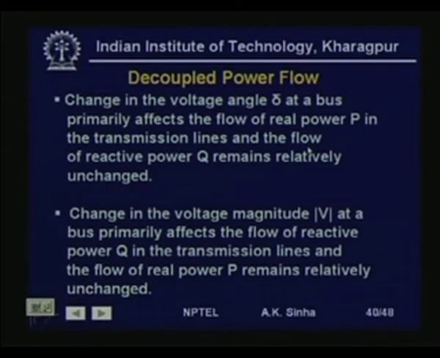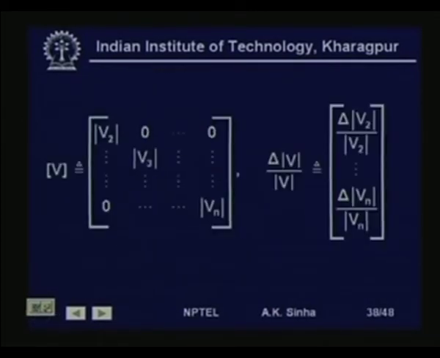Now, one thing which we get is that we know that the real power and voltage phase angle are very strongly coupled, and reactive power and voltage magnitude are strongly coupled, whereas there is a very weak coupling between P and V, that is real power and voltage magnitude, and Q and delta, that is reactive power and voltage phase angle. This is also found from these.